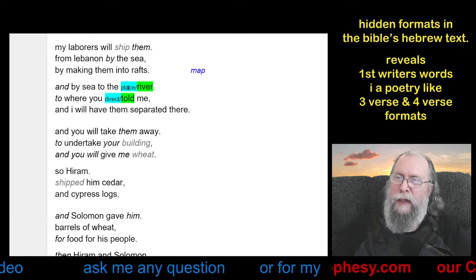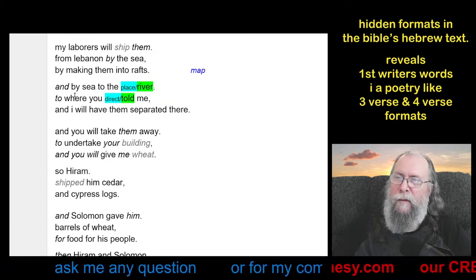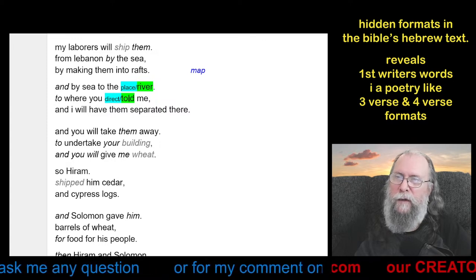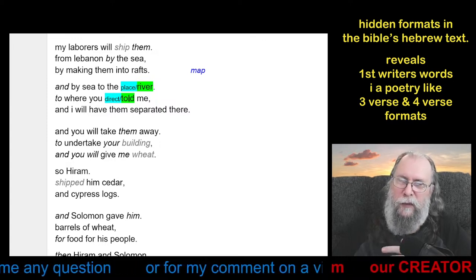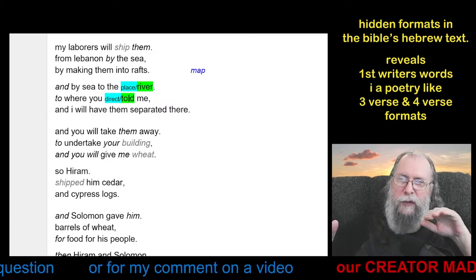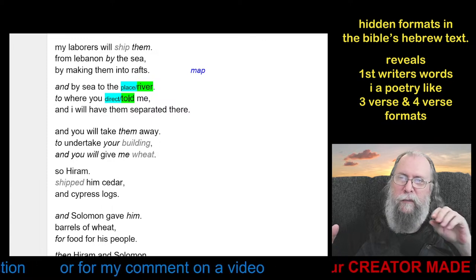It wasn't a place, it was a river. And this is where you directed me, where you told me. They're going to send down the trees from Lebanon through the Mediterranean and then up this river that runs right up next to Jerusalem.